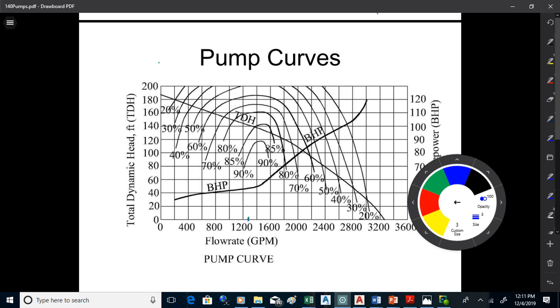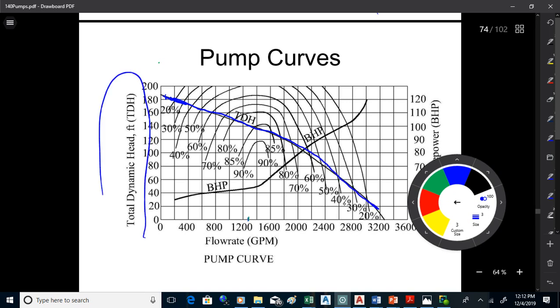So let's have a look here at a pump curve, and this is on 147. There's a lot of information on pump curves. The way it's presented is usually pretty standard, but they can vary a little bit in the details of how they're shown. So the basic line is this line right here. Okay? So what you have for a pump curve is the head that it develops on the left and the flow rate.